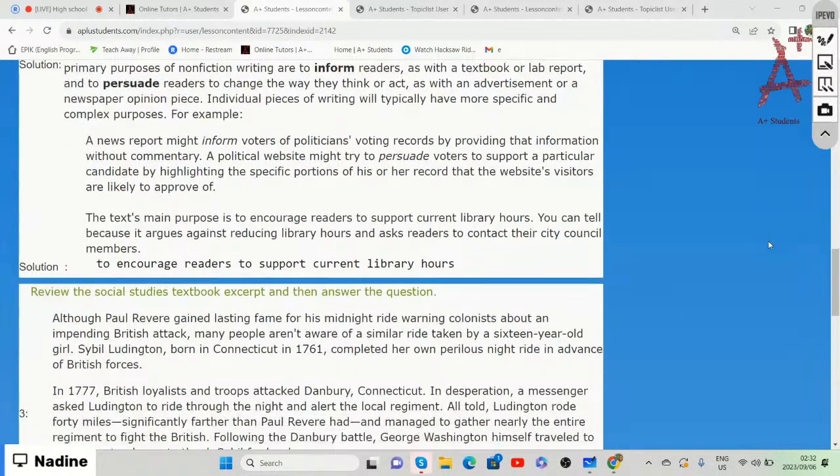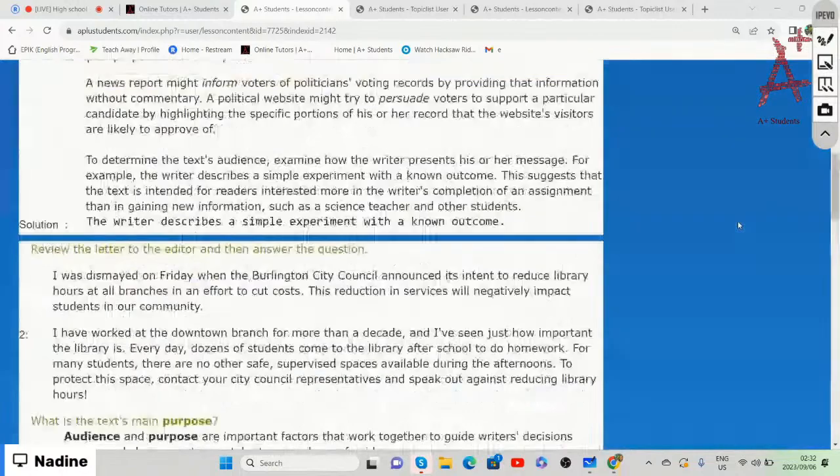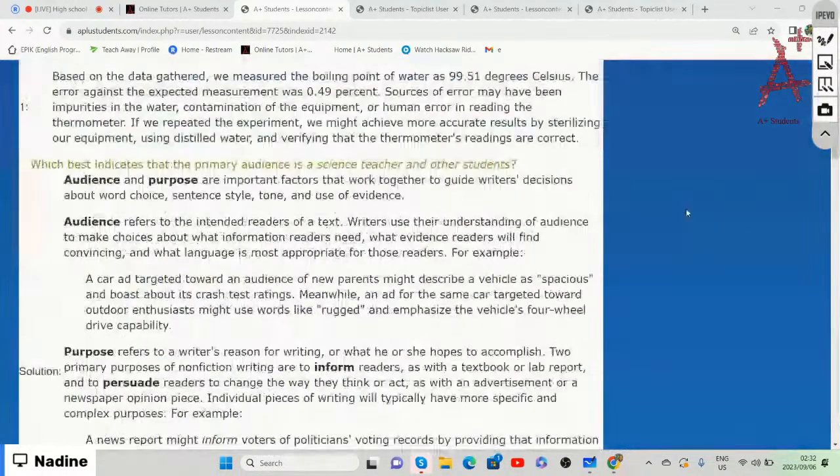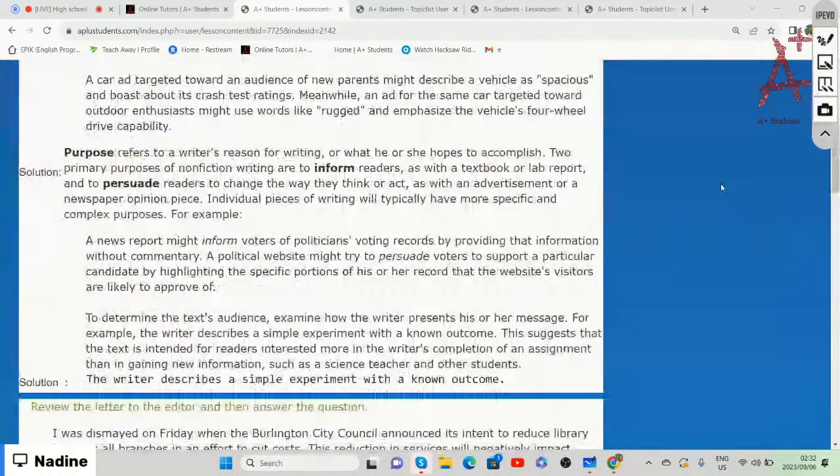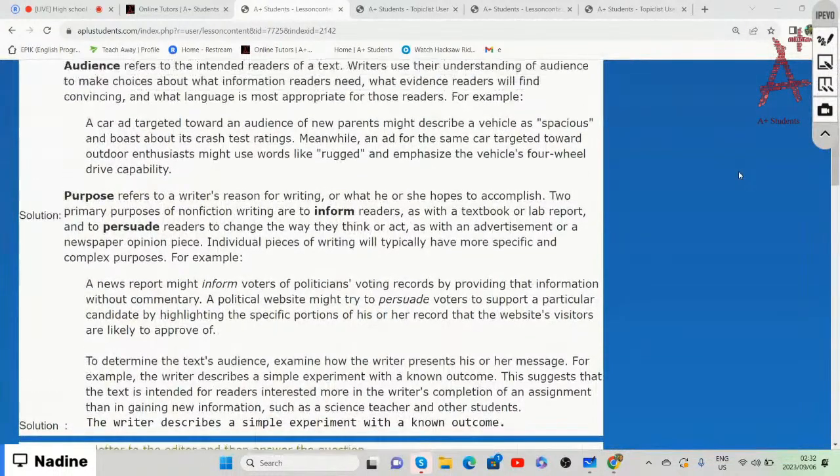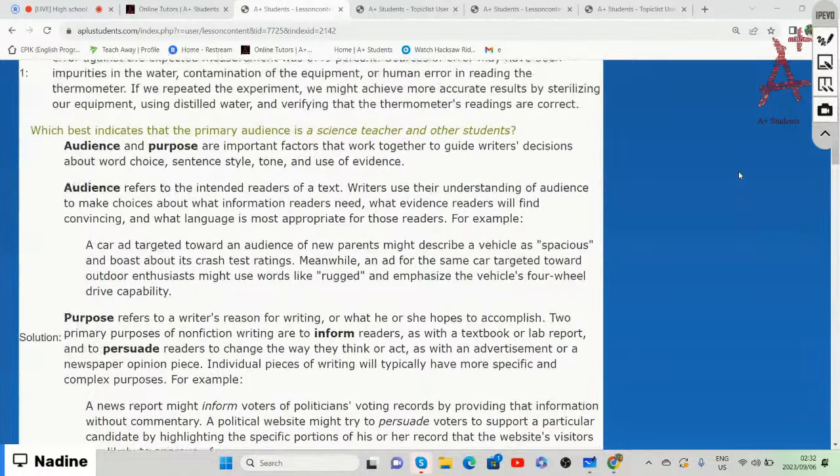So within a text, when it comes to writing, the writer will think of the audience, right? Because audience, as well as the purpose of the writing, work together as the writer's guide.